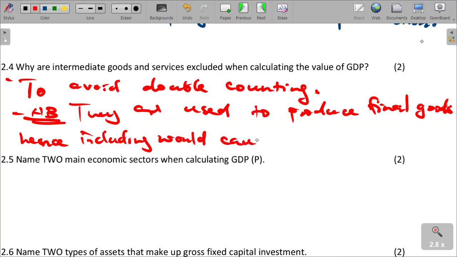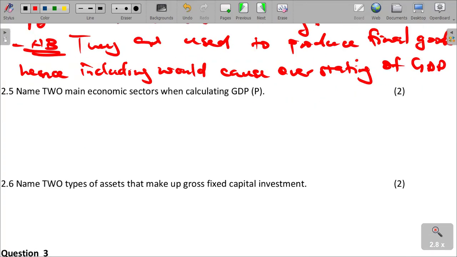GDP would be overstated because these goods are going to be used continuously in the production process.